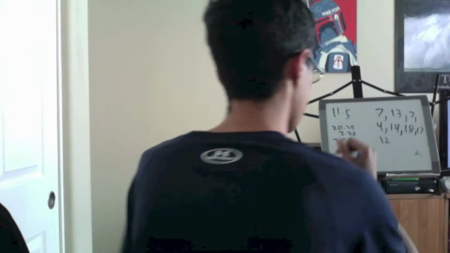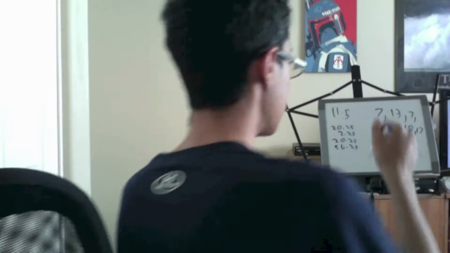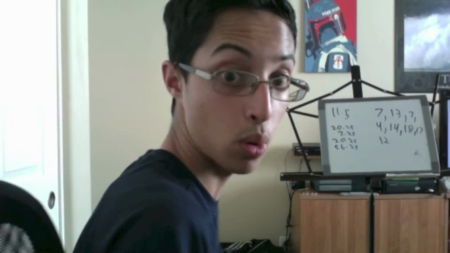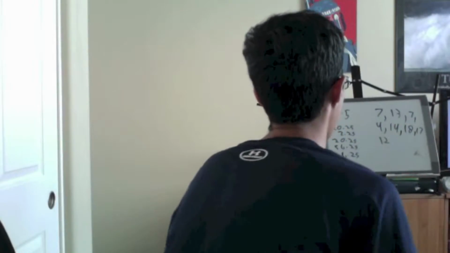So, 11.5 minus 4, that's 7.5 times 7.5 is 56.25. Next, we have 14. So, 14 minus 11.5, that's 2.5. 2.5 times 2.5 is 6.25. Okay? After doing 14, we're moving on to 18.